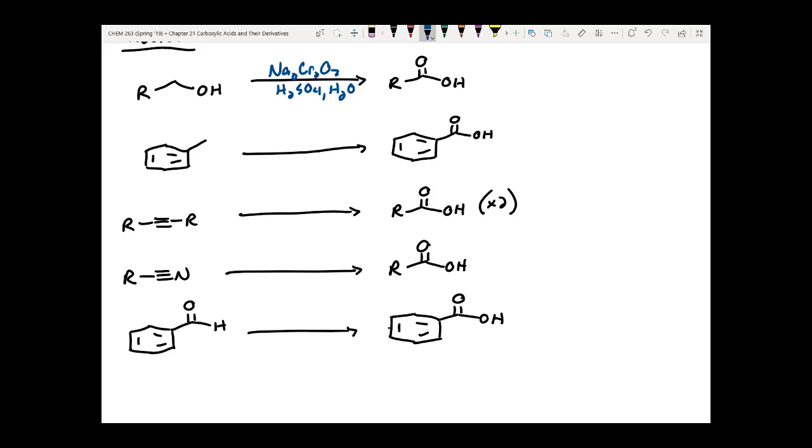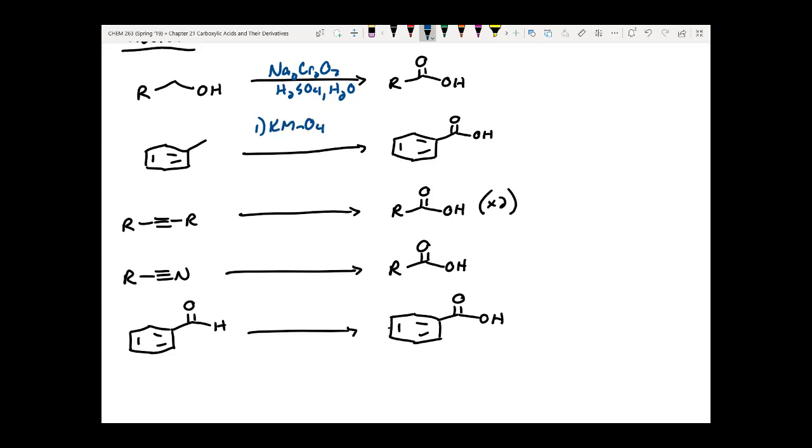All right, next one. We're going from toluene to benzoic acid. What do we need for this? Same thing. Or if you want to get exotic and use a different one that causes less cancer, you can use potassium permanganate.